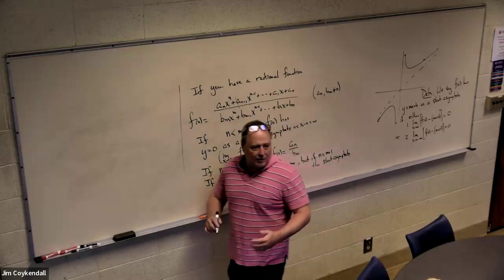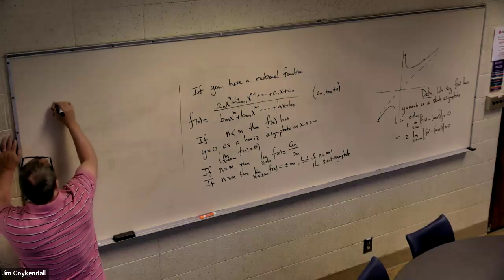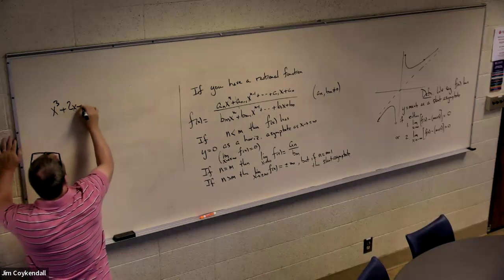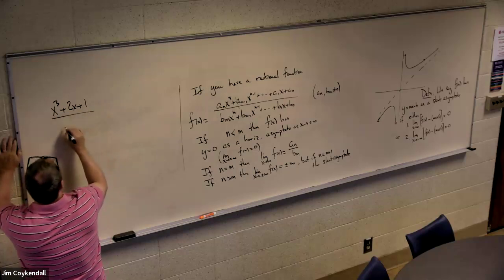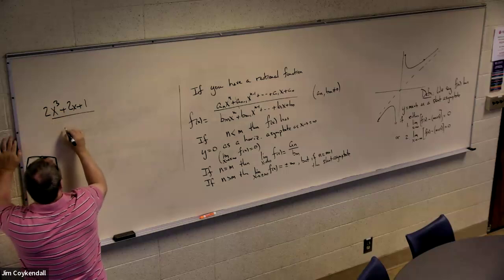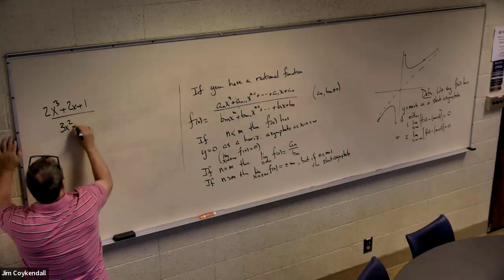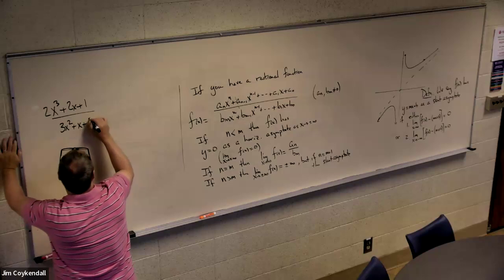Let me keep it concrete. Let me make something. How about x cubed plus 2x plus 1 over, let's say, 3x squared plus x plus 6.